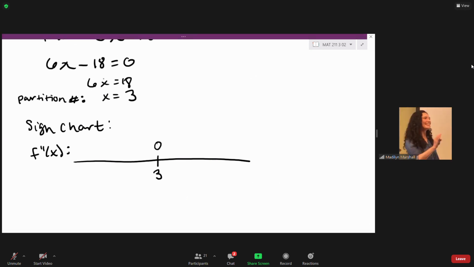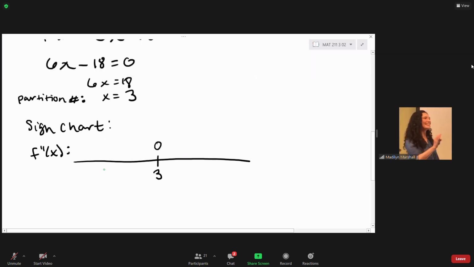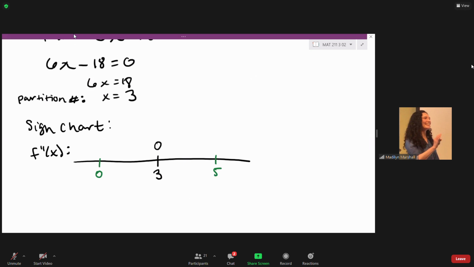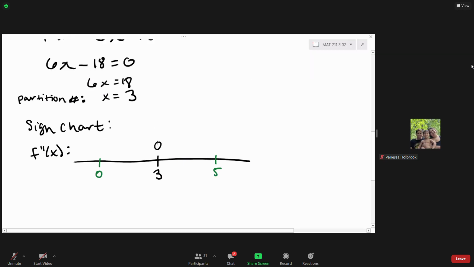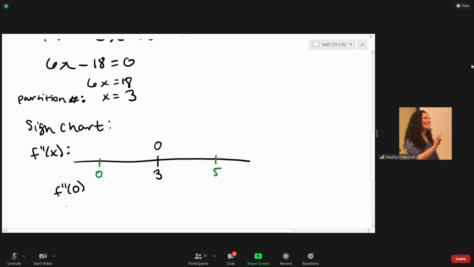So less than 3, we can choose 0. Greater than 3, we can choose 5. I put that 0 above the 3 because we know that f double prime is 0 there at 3. Same thing that we did before, but now instead of using f prime, we're using f double prime, and we'll plug in these numbers.